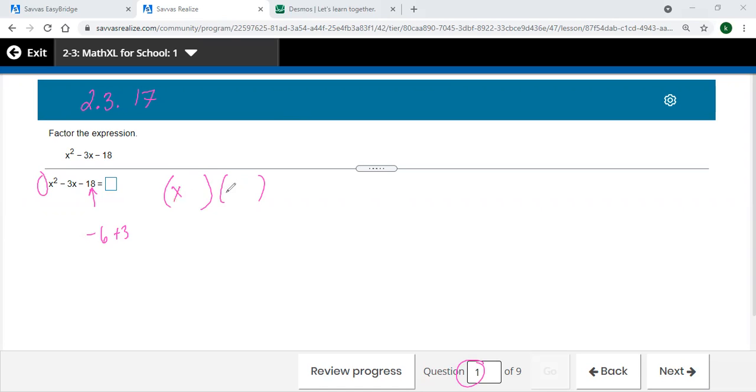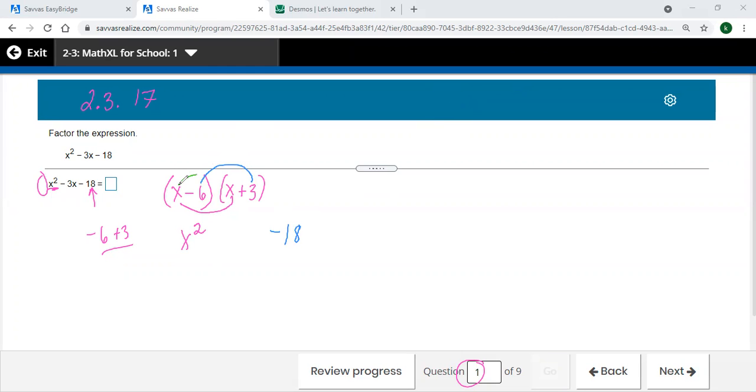So if you think about that, you need an x times an x to make this x². And the two numbers, like I just wrote down here, a -6 and a +3. So your x times your x here is x². Your -6 times your +3, negative times a positive, is a negative 18.